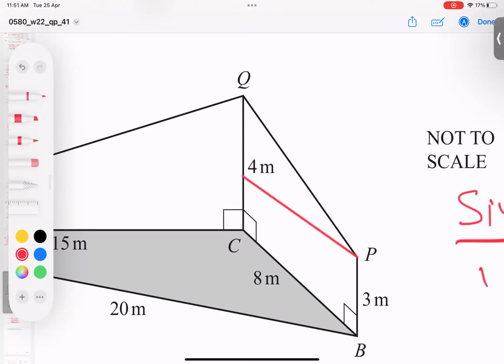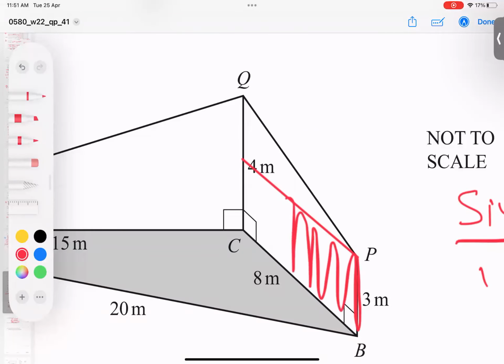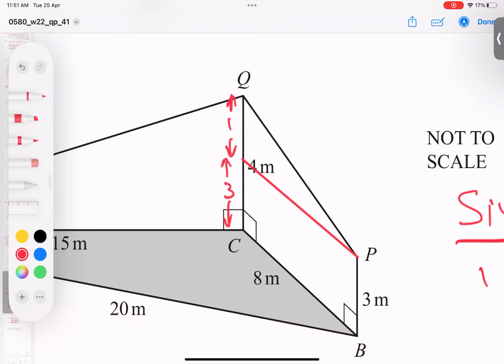No, this is not a good line, I'll make it again. This line is somehow okay. How much is this? 3. So this gap is 3 from here till here, and this gap is 1 from here till here. 1 meter gap. And this is angle E for elevation.